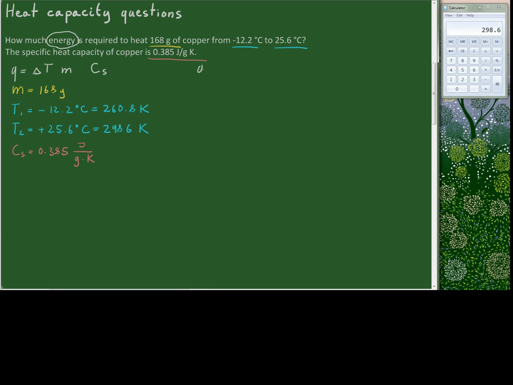Okay, so Q equals delta T, which is simply T2 minus T1, times the mass times the specific heat capacity.